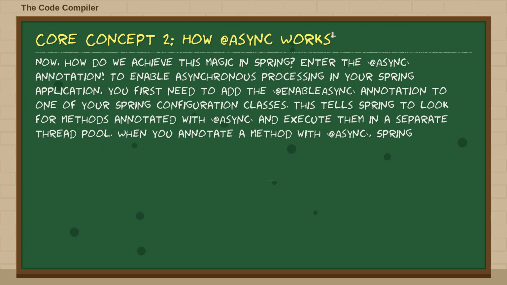When you annotate a method with @Async, Spring intercepts the method call and executes it using a task executor, typically a thread pool, instead of the calling thread. This means the calling thread does not wait for the @Async method to complete, it simply continues its execution.